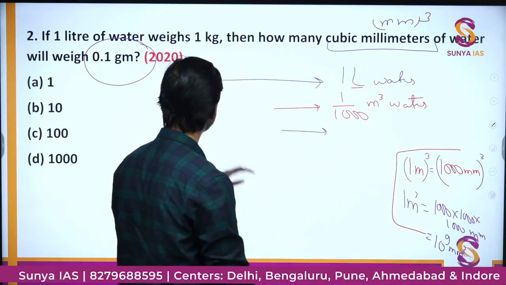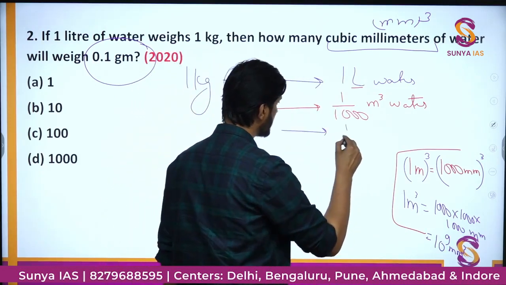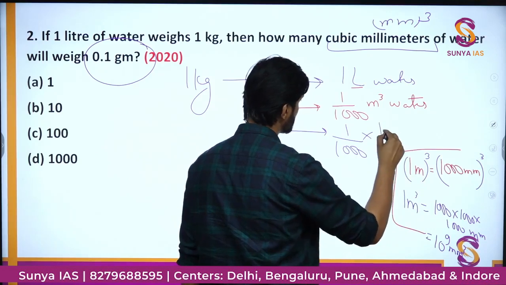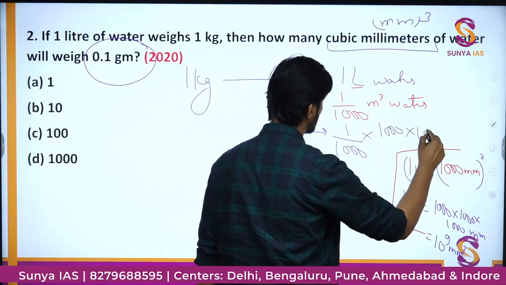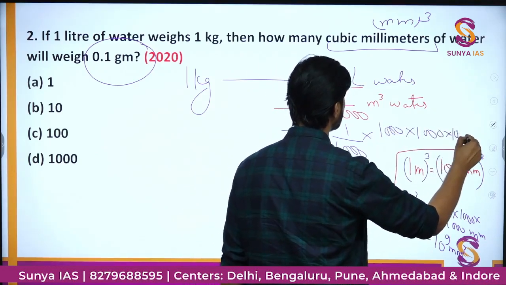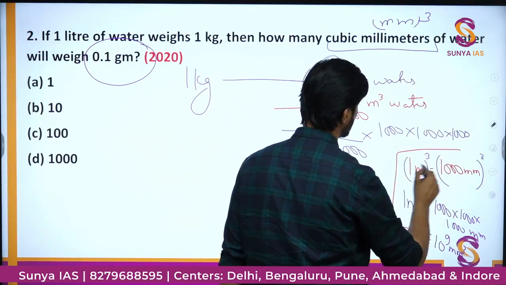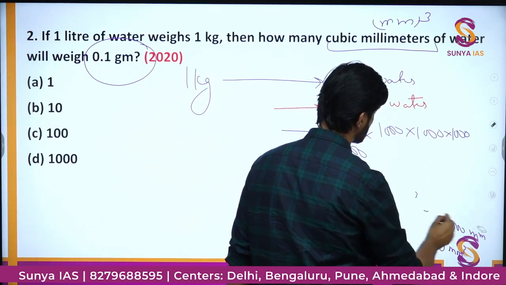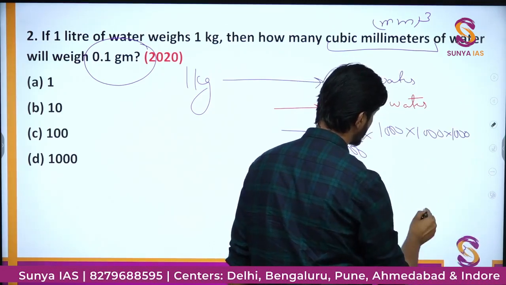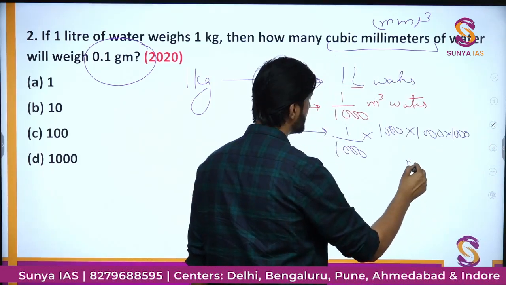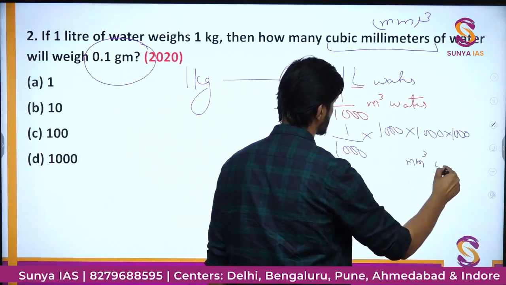So 1 kg will contain 1 by 1000 into 1000 into 1000 into 1000. And what is the unit? Let me just erase this particular part. Overall, I can write that this will be in millimeter cubes of water.